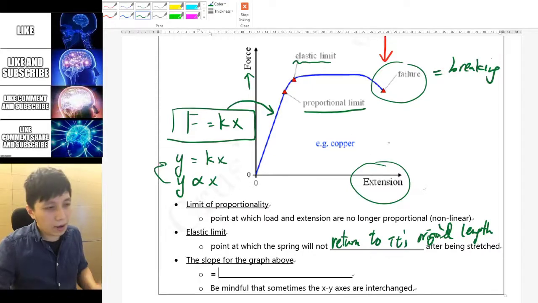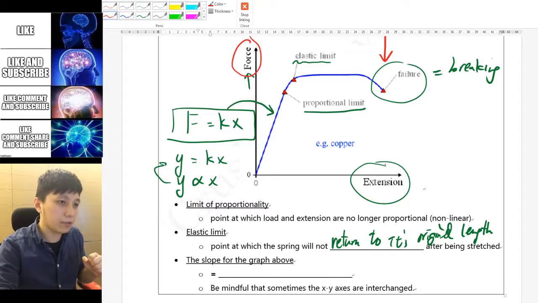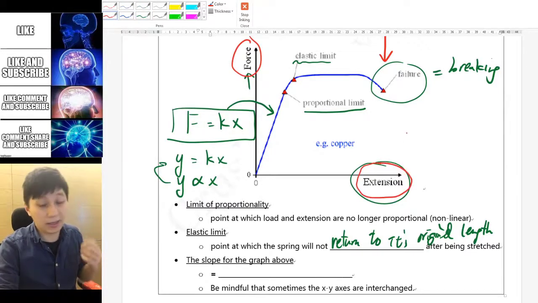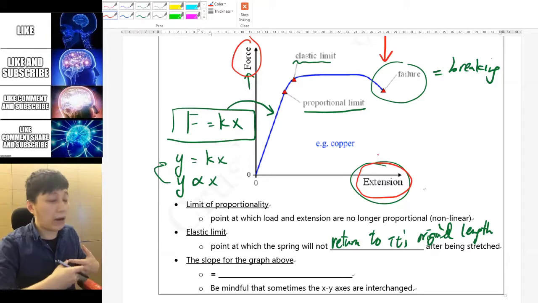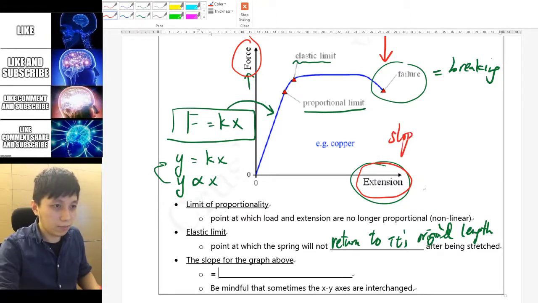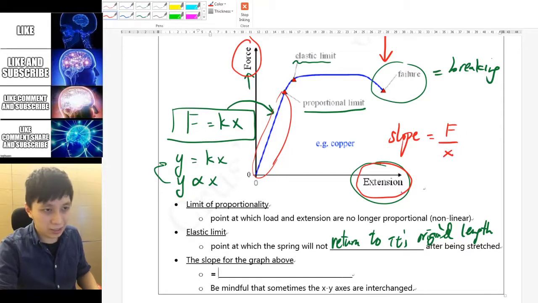And here I've got a question for you to think about: what is the slope for this graph? It's actually very simple because if you look at the graph, the y-axis is force and the x-axis is extension. So by just applying the general skills you learned in physics, the slope, of course we are referring to the slope along this straight line, would equal to F divided by x, which is the extension, and that would simply be k.